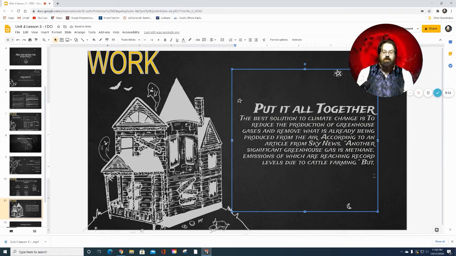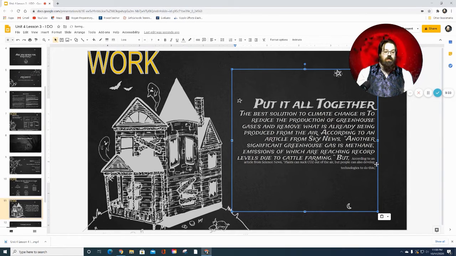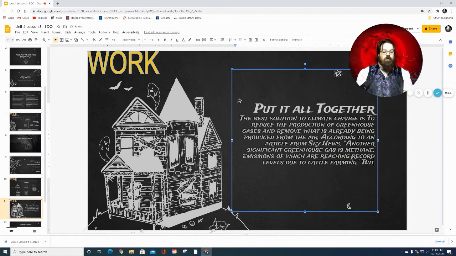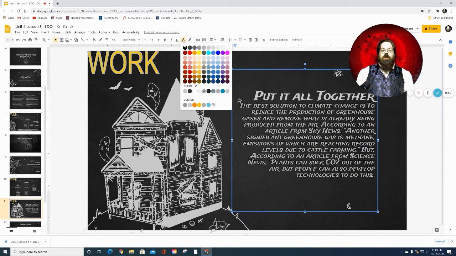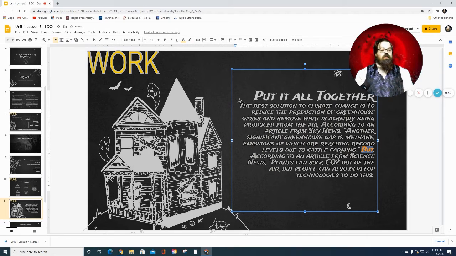and then try to do that. Weird. But there it goes. All right, and I'm going to go ahead and highlight that but for you. You see that signal word in there?